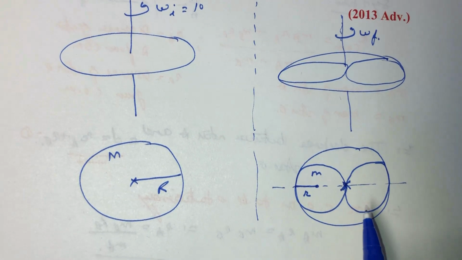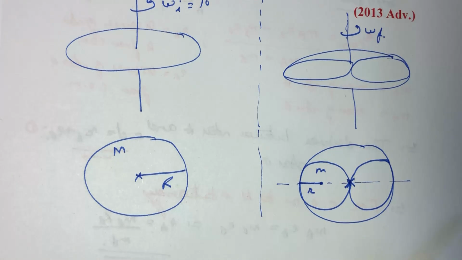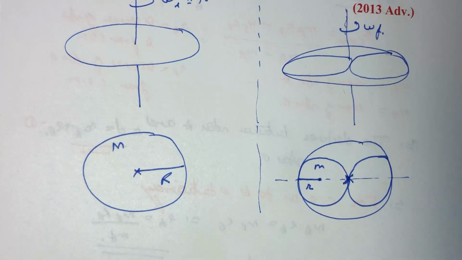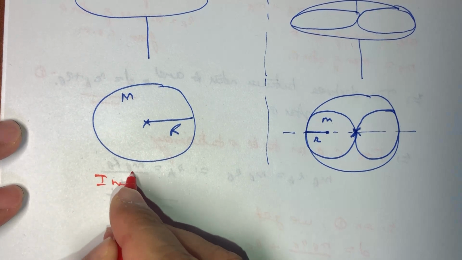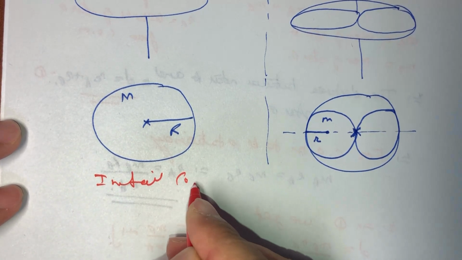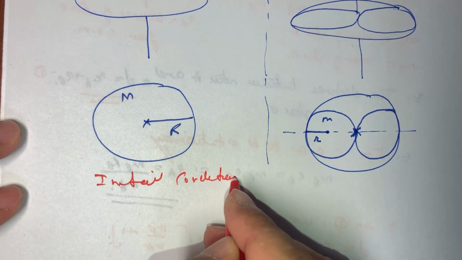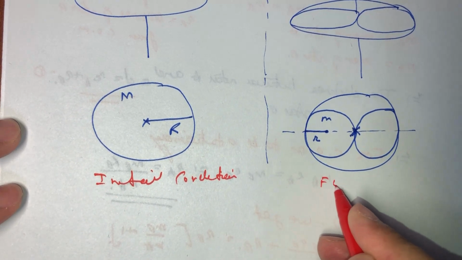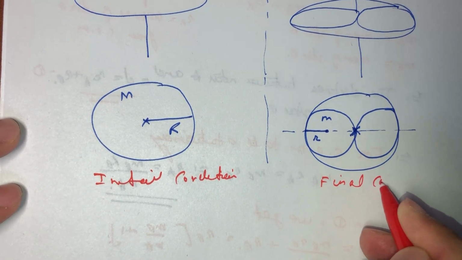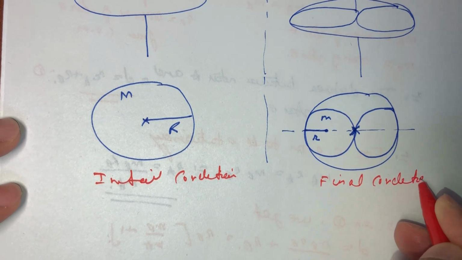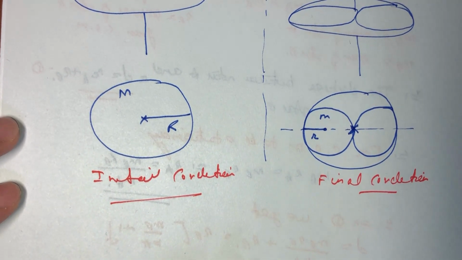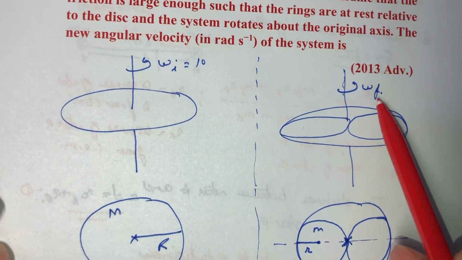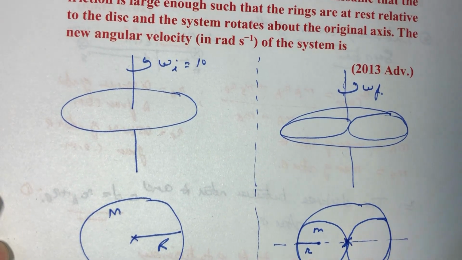Both rings are the same, so let us discuss only one. So we can say this is our initial condition, and this is our final condition. And we are supposed to find out the angular velocity omega f when the two rings have been placed on it.